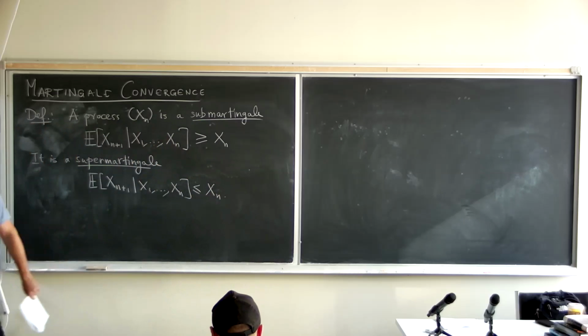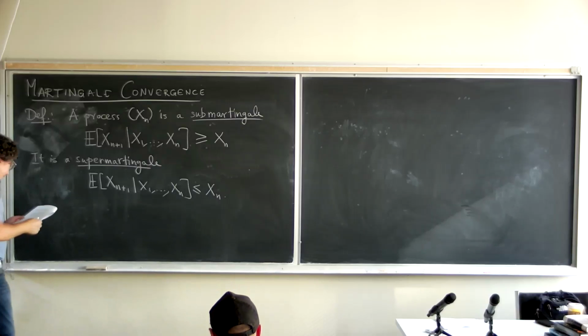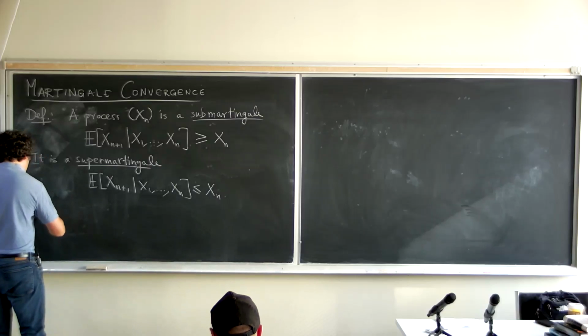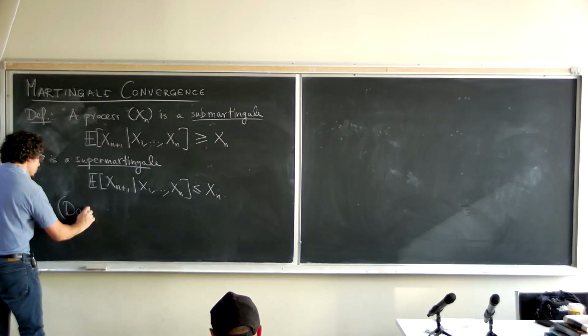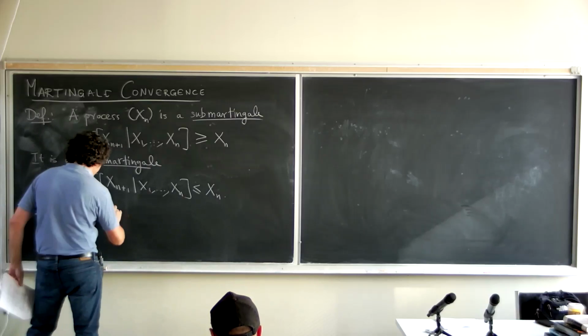Once you get this definition, you have the martingale convergence theorem that we mentioned last time, which is due to Doob.